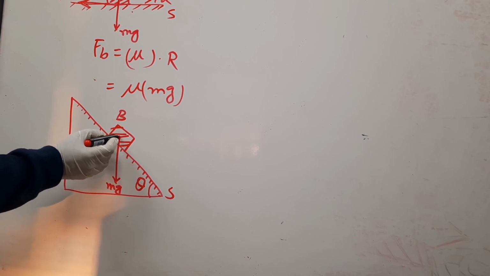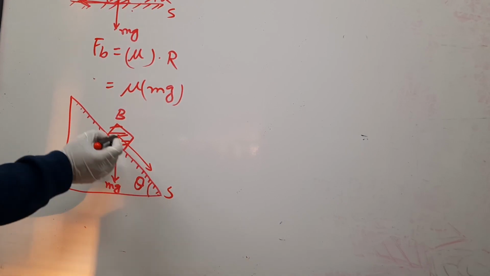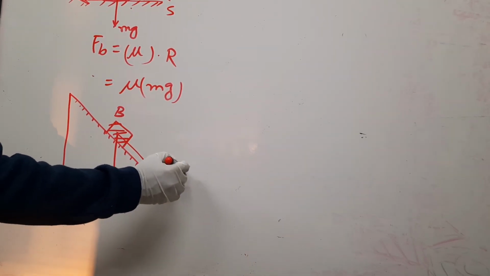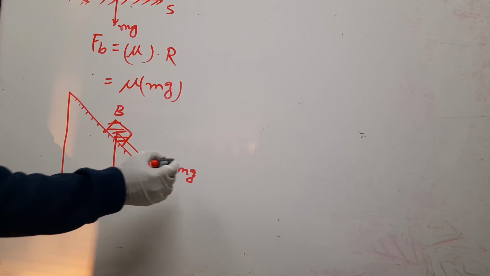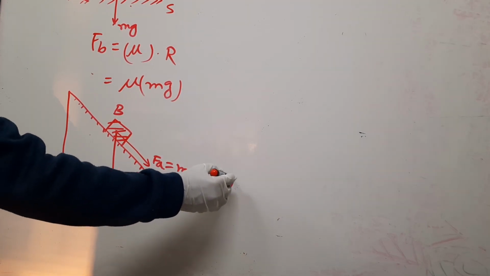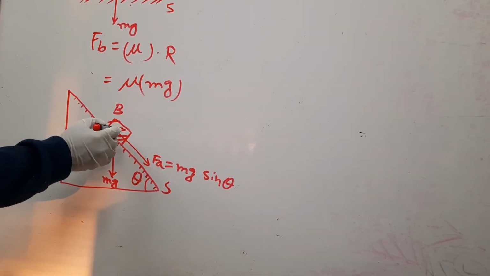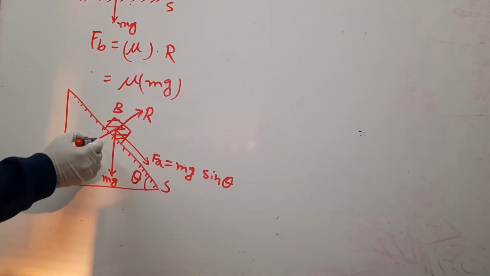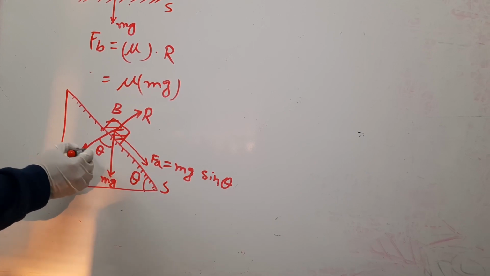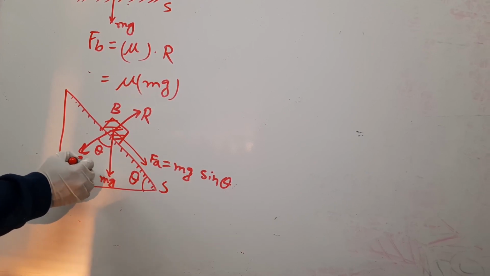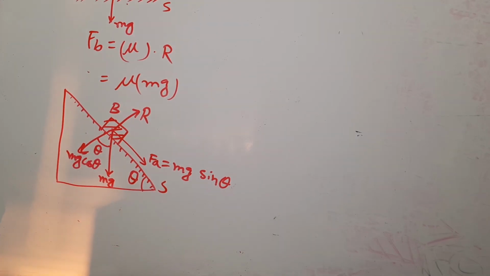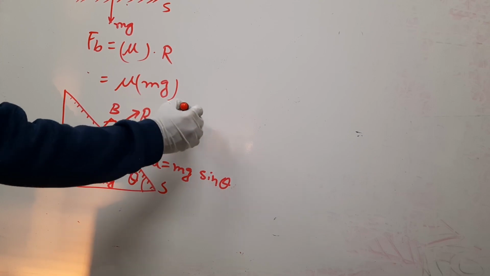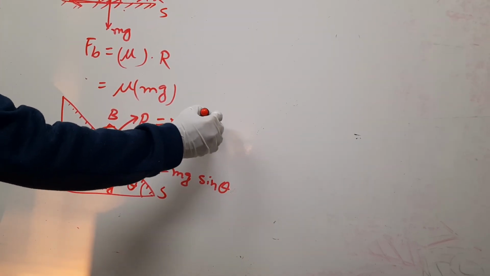This gravitational force can be divided into two components. One is parallel to the inclined surface S, this is Fa, equal to mg sin theta, and the other component is mg cos theta, which is equal but opposite to R. Essentially R should be in magnitude equal to mg cos theta.